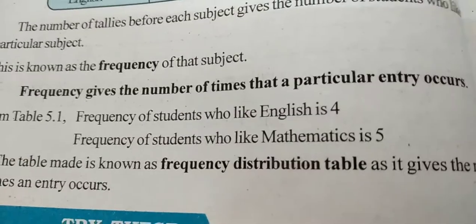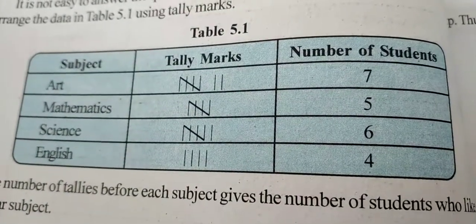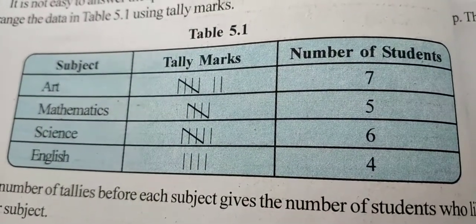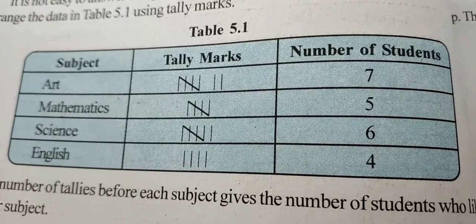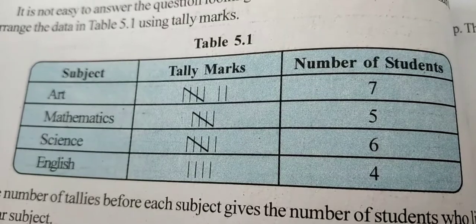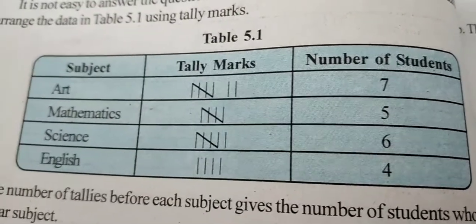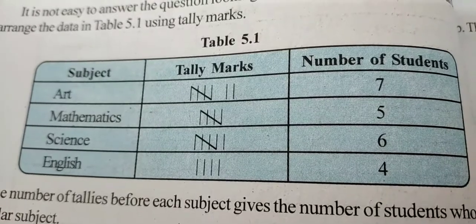Frequency is the number of times that a particular entry occurs, and that's the reason why we call it a frequency table. This is the table which is called a frequency table. The raw data can be organized or managed systematically by a frequency table.